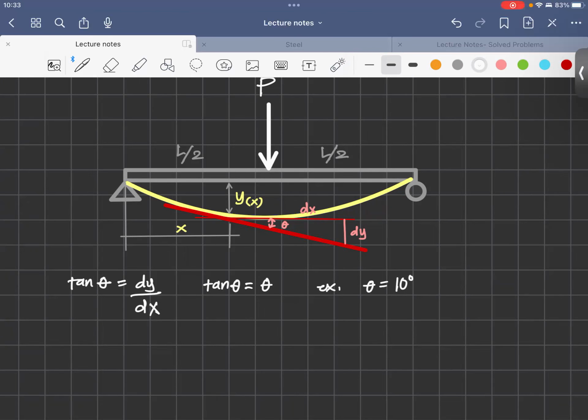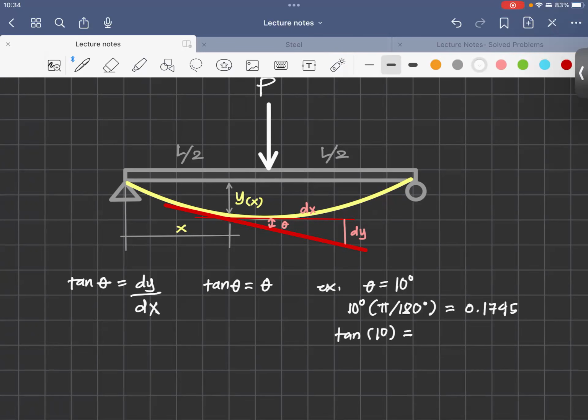If I convert 10 degrees into radians, it becomes 10 degrees times pi over 180 degrees. So that will be equal to 10 times pi divided by 180, which is 0.1745. That's the equivalent value. Let's try the tangent of theta.